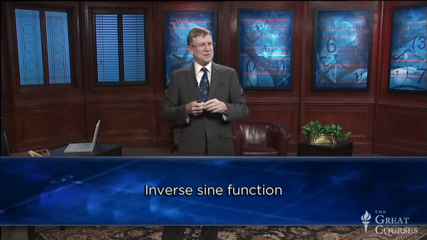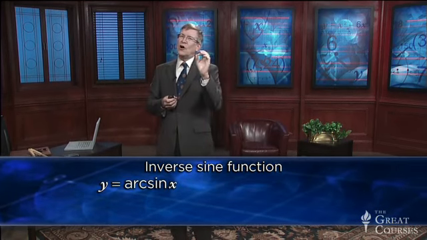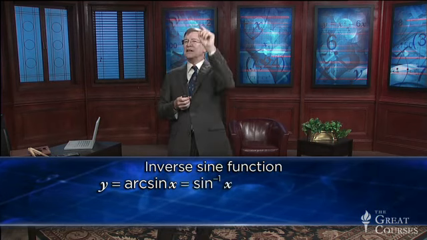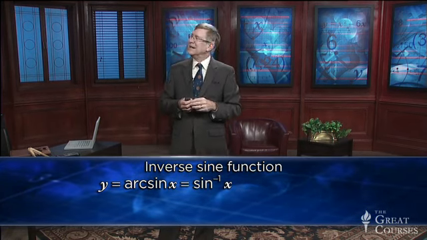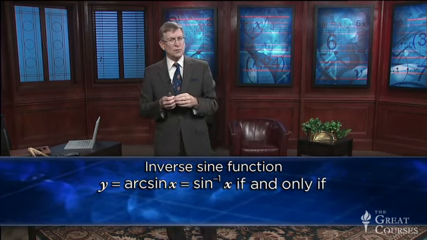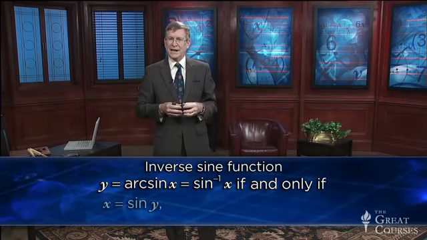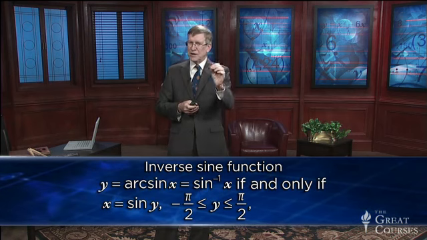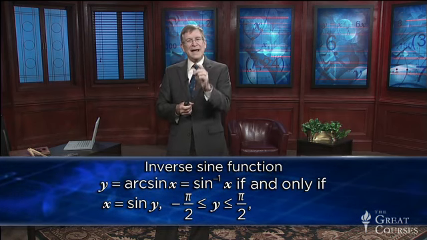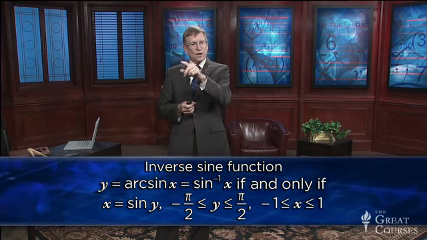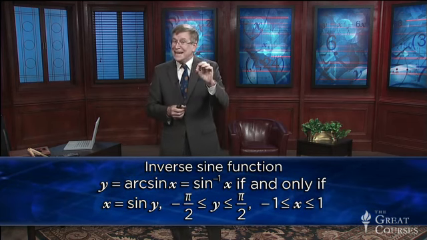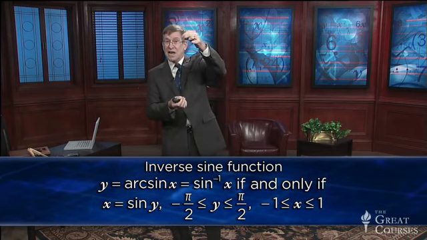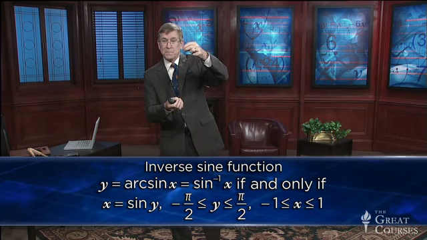Here's the formal definition. y equals arcsine x, or sine to the minus 1 x, if and only if the following is true. Reverse the variables, x equals sine y, and now y is restricted to minus pi over 2 to pi over 2, and x is between minus 1 and 1. Remember, the sine of any number is always in that sandwich between minus 1 and 1.